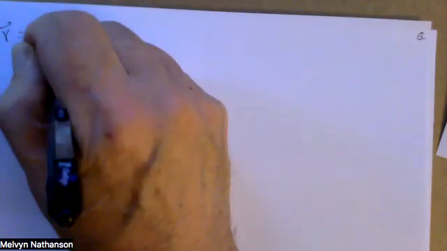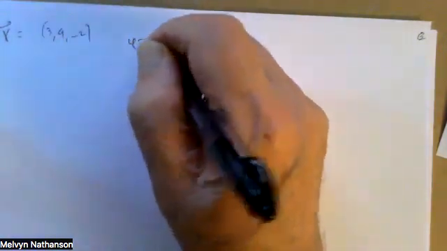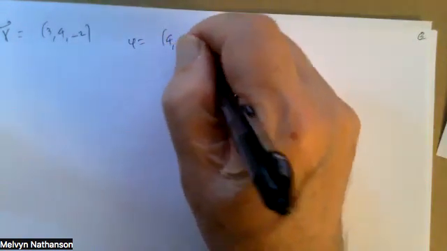Problem 2. So we have the vectors. X is the vector 3, 4, minus 2. Y is the vector 4, minus 1, 4.